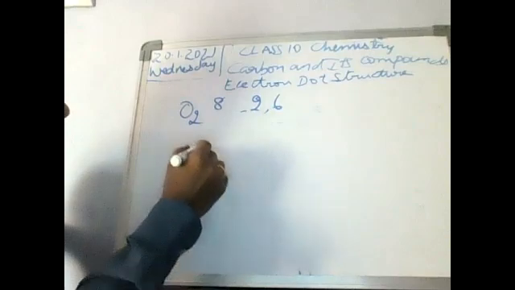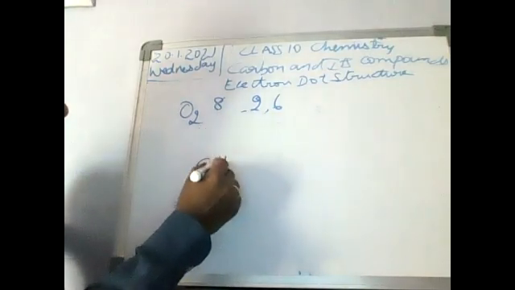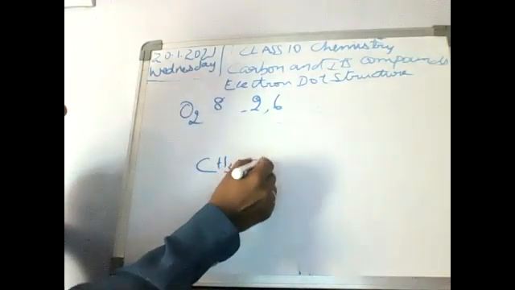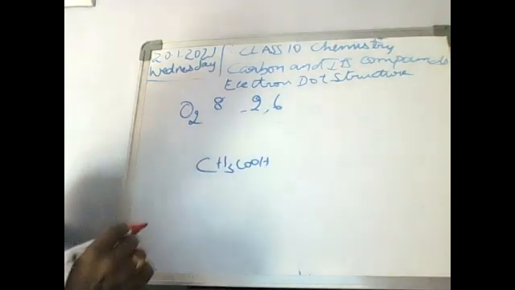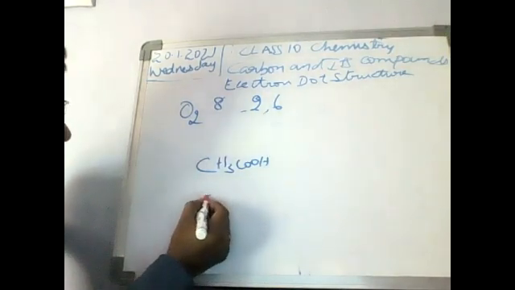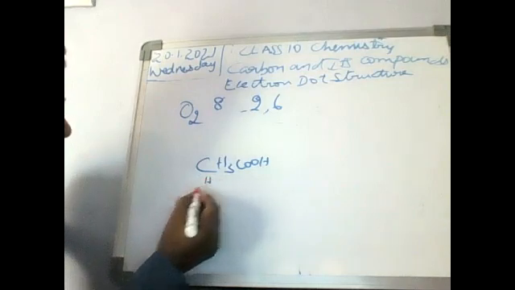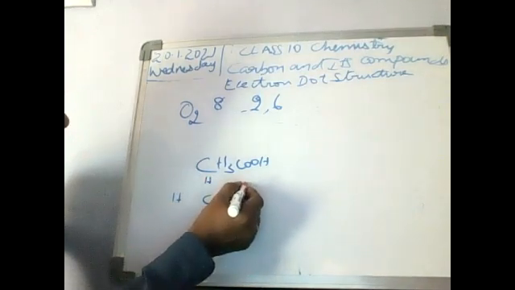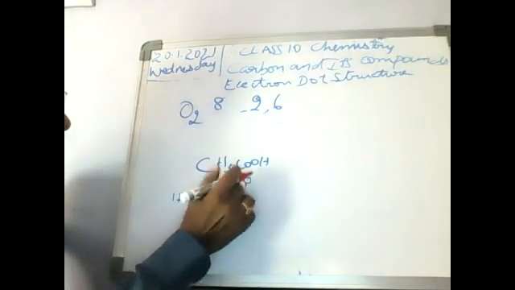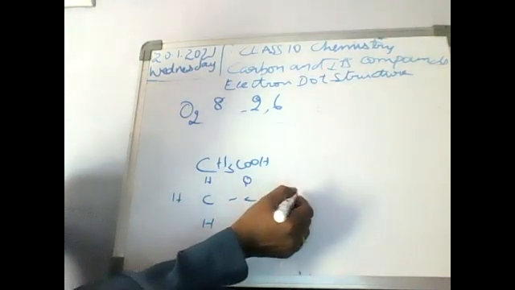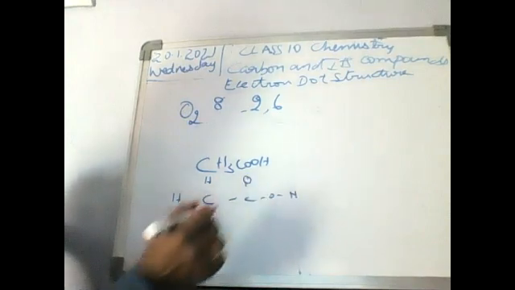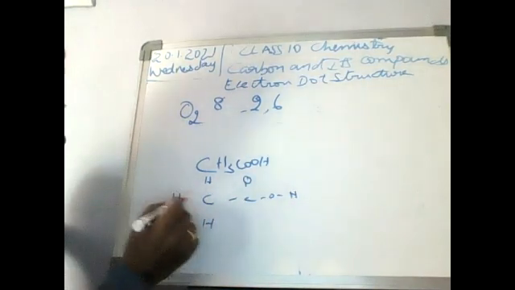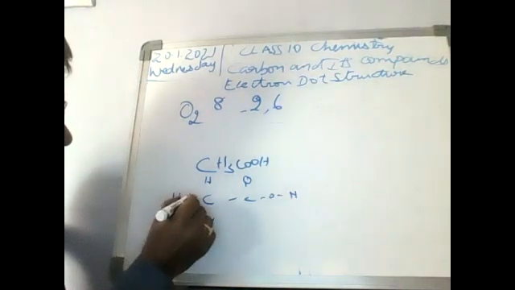Acetic acid. What is the formula for acetic acid? CH3COOH. So draw C, H, H, H, C, O, O, H. Instead of bonds, I can draw crosses and dots like this.